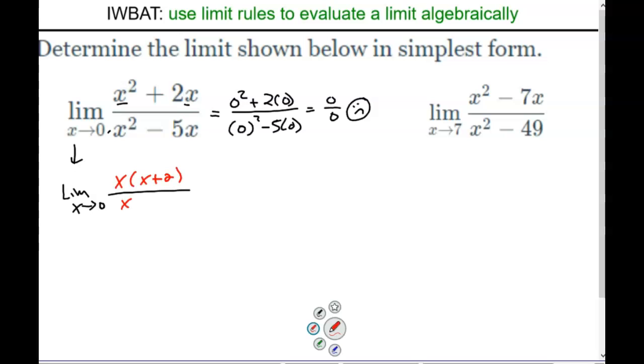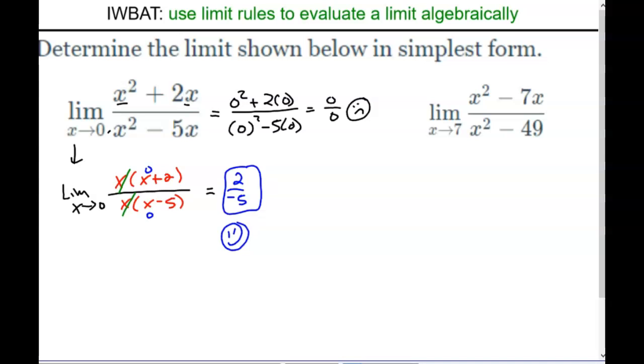And then we'll factor the bottom. And each one of those has an x in common. And that x over x reduces out because it's going to turn into 1. And then I'm just going to plug 0 in here and here. So I'll get 2 over negative 5. Alright, so that was almost identical to the one we did before.